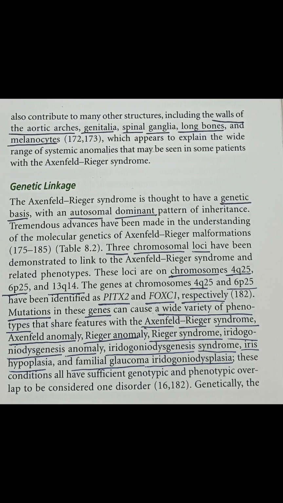Genetic linkage. Axenfeld-Rieger syndrome is thought to have a genetic basis with an autosomal dominant pattern of inheritance. Tremendous advances have been made in the understanding of the molecular genetics of Axenfeld-Rieger malformations. Three chromosomal loci have been demonstrated to link to Axenfeld-Rieger syndrome and related phenotypes.